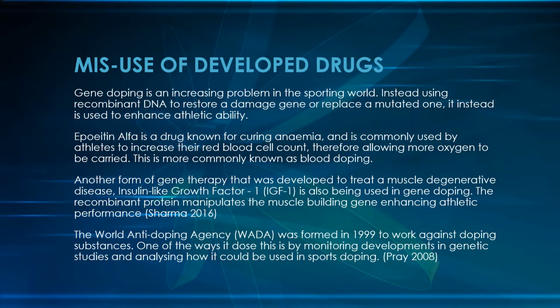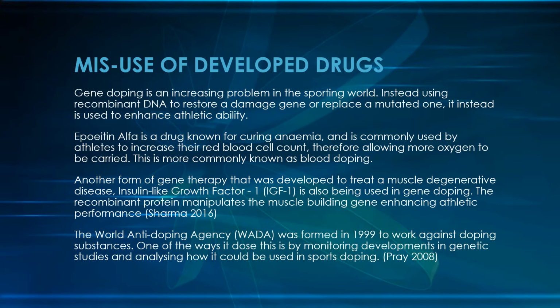The same recombinant protein, Epoetin alpha, which was mentioned just earlier for its use in curing anemia, is used by athletes to increase their red blood cell count, allowing them to carry more oxygen for better endurance. This is commonly known as blood doping, made famous by Lance Armstrong.